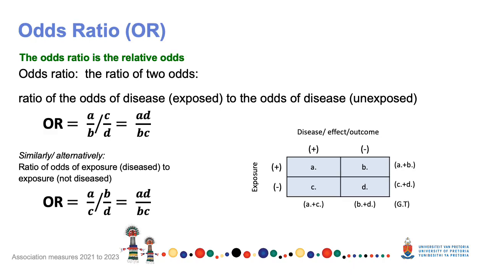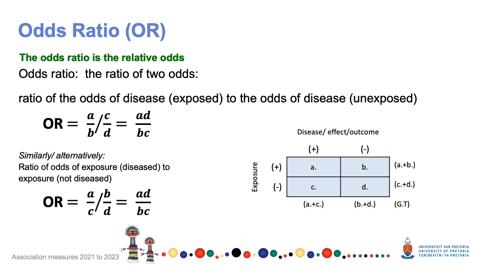Now, for situations where we're not able to estimate risks because we don't have information about time, we can rather refer to the odds of exposure or the odds of disease as we did in the previous slide.